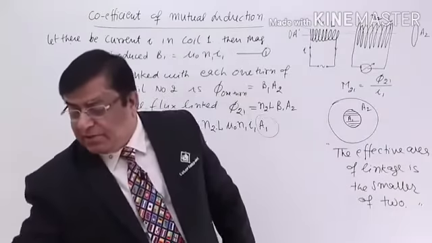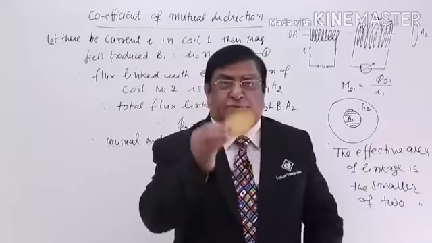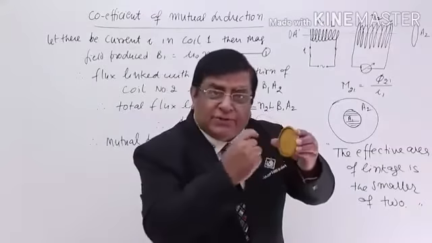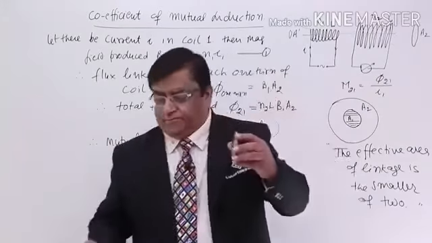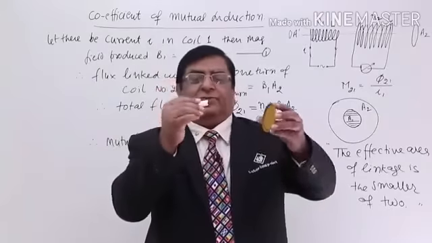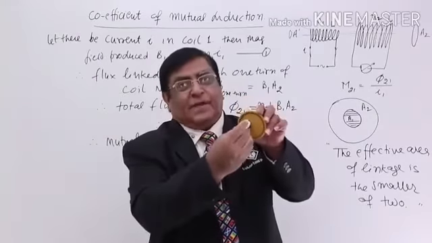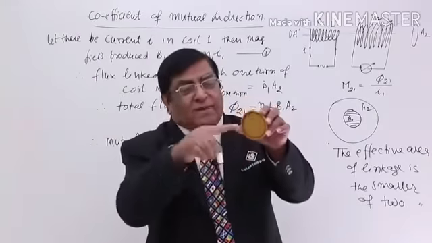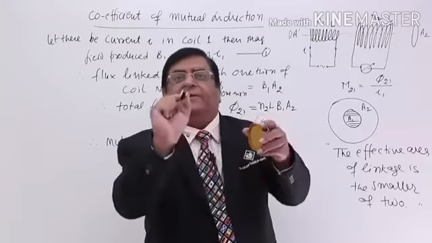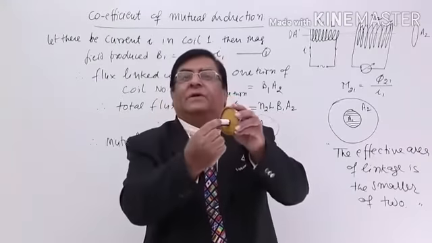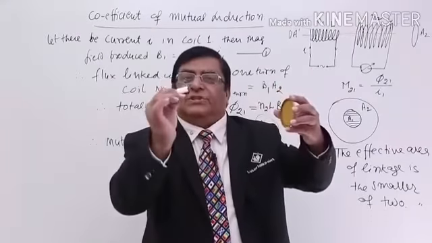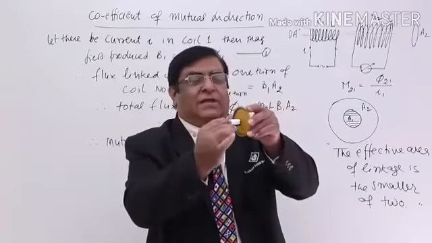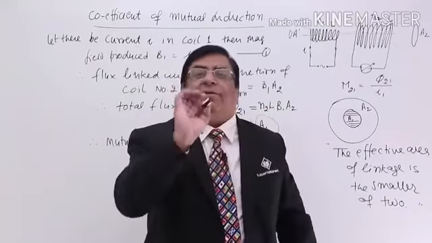Now suppose this is coil number 2. In this we are flowing the current and this is sending the magnetic field. We have this area to be linked this way. Now all this magnetic field will not be linked with it. How much magnetic field will be linked? Only area A1. So if this is producing the magnetic field and this is the second coil, then the area linked is again the smaller one, A1.